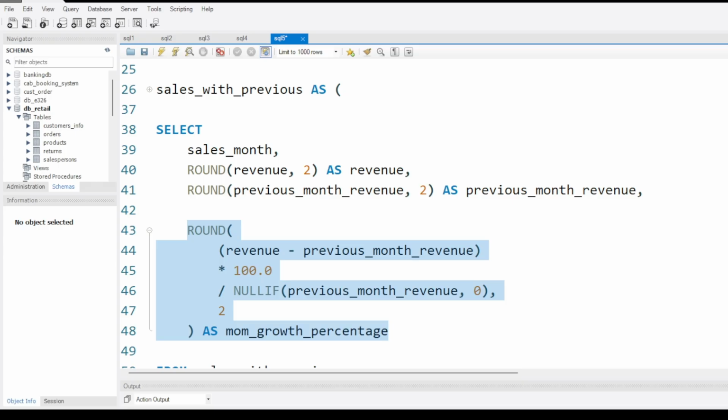Step 4. When your result appears, looking at our result, revenue increased by 18.11% in February, increased again by 38.36% in April.